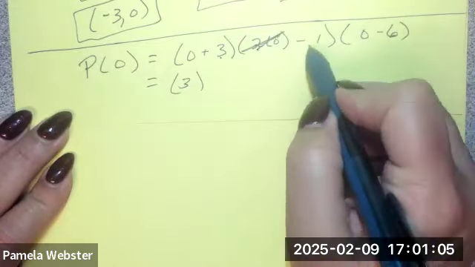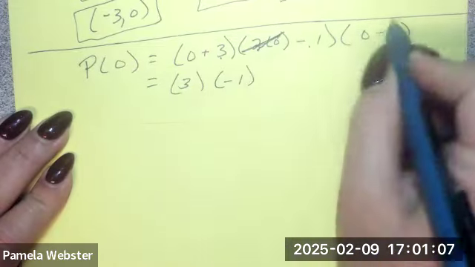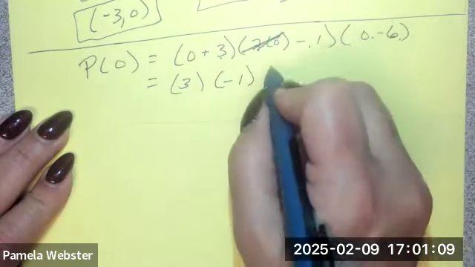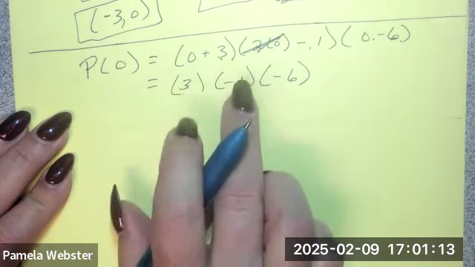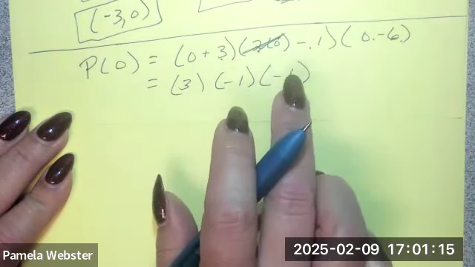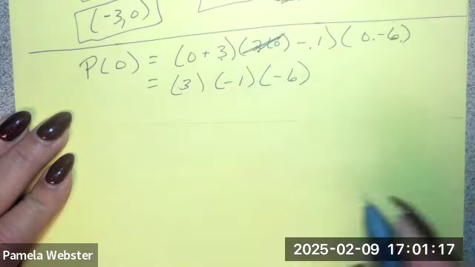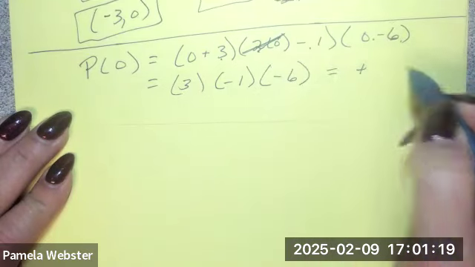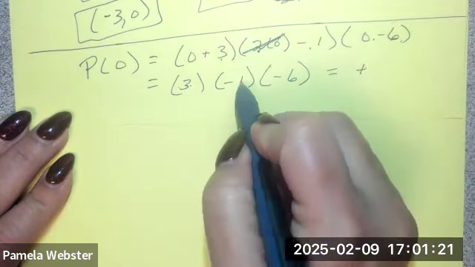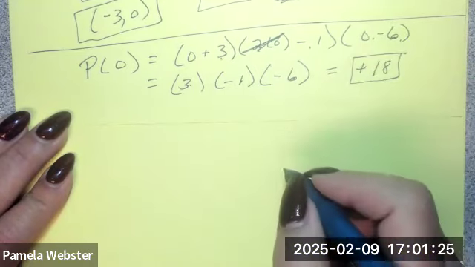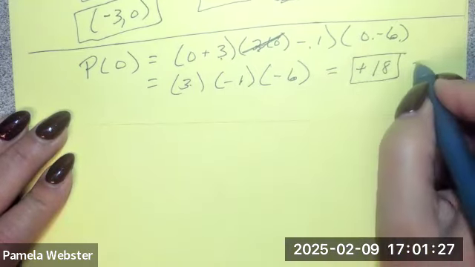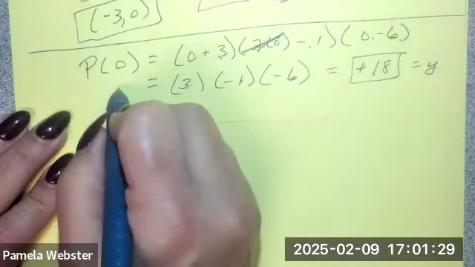This is a 0 minus 1. And this is a 0 minus 6. Okay. So real quickly, I've got a positive times a negative. That's a negative. Times a negative is a positive. So be careful with that. This is going to be positive. 3 times 1 is 3 times 6 is 18. Okay. And again, remember that was equal to my y value, right?